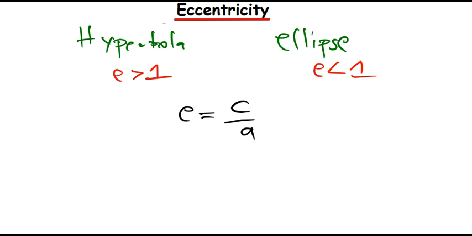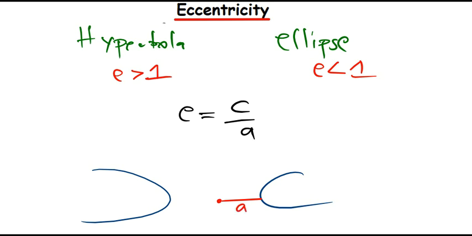In terms of a hyperbola, the distance from the center to a vertex is a, and the distance from the center to a focus is c. That's what the c and the a are representing.